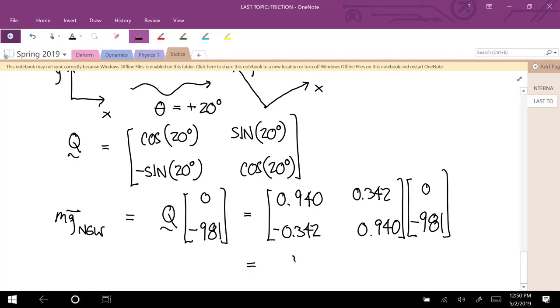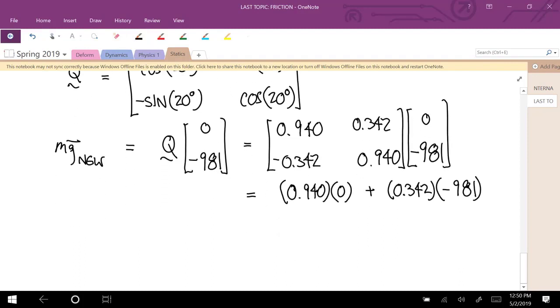So an x component: 0 times 0.940, that's 0, plus 0.342 times negative 981, that's the x component, and the y component is negative 0.342 times 0, plus positive 0.940 times negative 981.